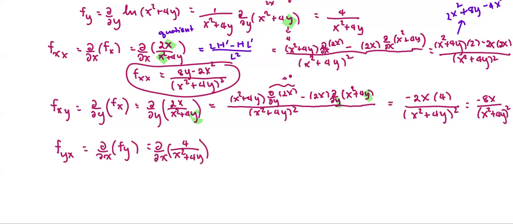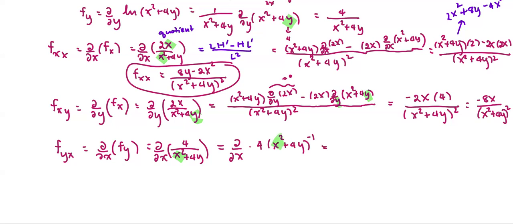We see x over here, so we can either use the quotient rule or rewrite it in power form, like 4 times the quantity x squared plus 4y to the power negative 1, and then use the general power rule. Since we target only x, we don't have to use the full form of the quotient rule.